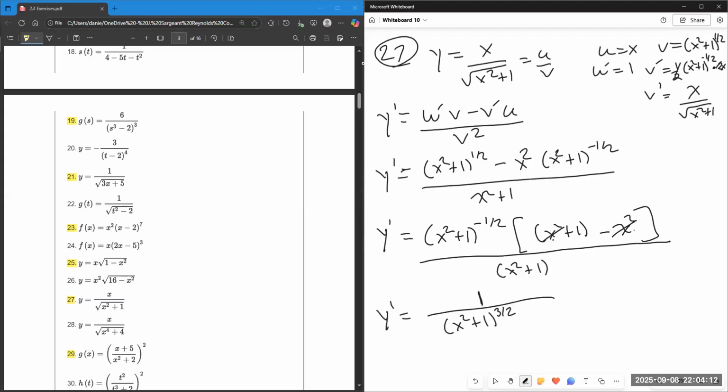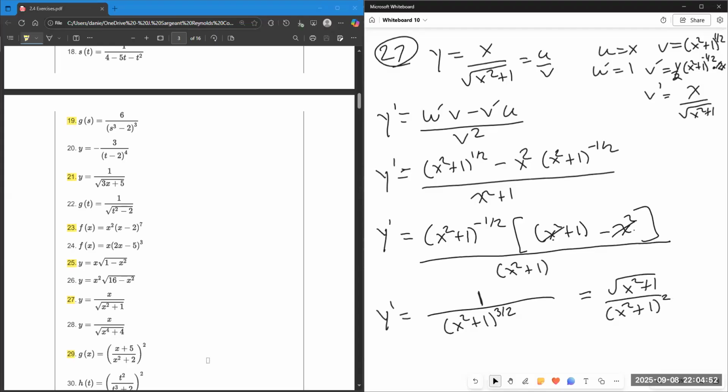So again, I don't see a need to rationalize here, but I could write this as this or as this for my final answer. I like this form better. If you, for some reason, want to rationalize that, it would turn into that.